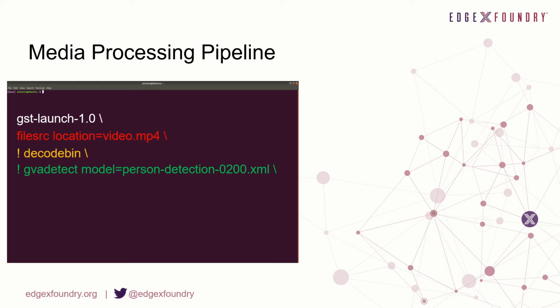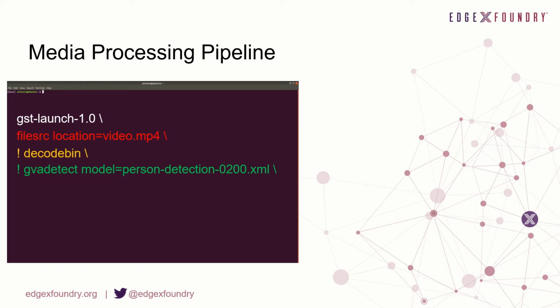Next is gvadetect. For the decoded raw video frames, we will be performing inferencing using this command, gvadetect. Then we need to specify the model for detection. In this case, we want to do person detection. We will be taking one of the pre-trained models from the OpenVINO Model Zoo.